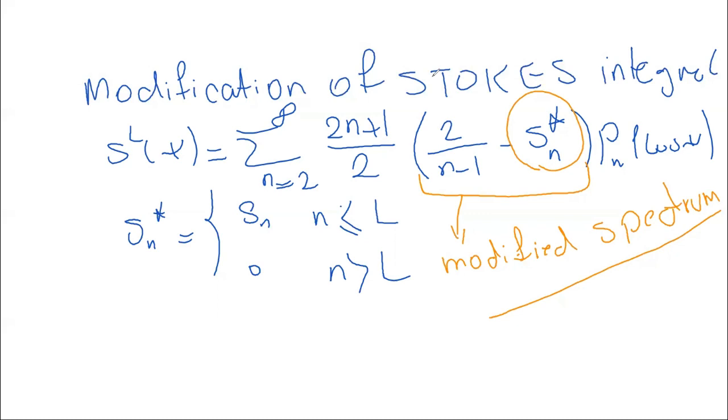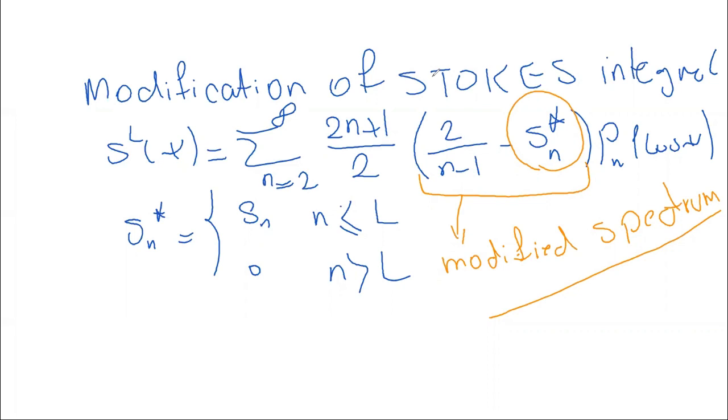But how? We need a criterion for changing this behavior. We need, for example, to minimize the truncation error of the Stokes integral, and we try to estimate these modification parameters in such a way that the truncation error will be minimized.